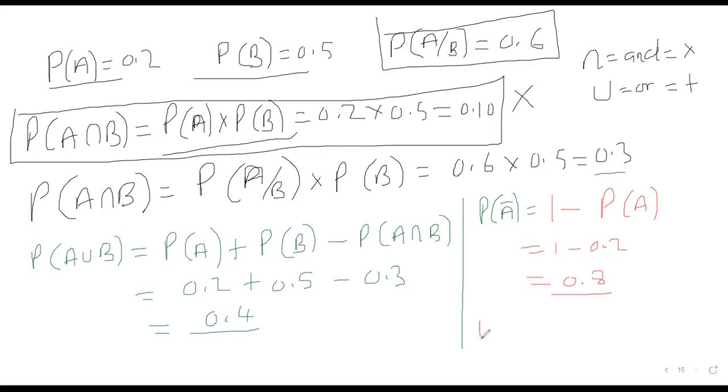Okay, who wants to try the complement of B? What is the complement of B? One minus probability of B. Yes, 1 minus probability of B. So our B was what? 0.5, meaning the complement of B will be 0.5 as well.